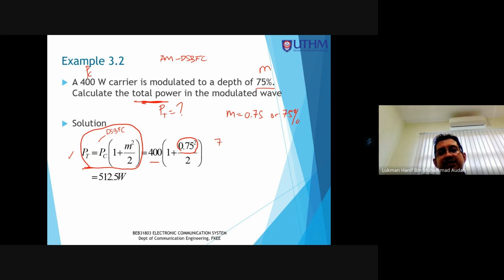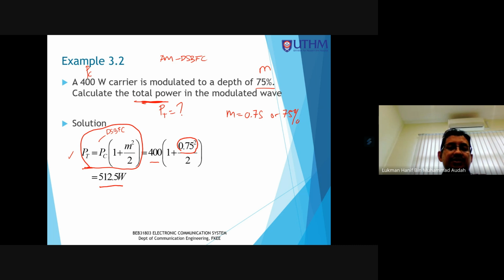Don't put 75 squared, which is wrong. 75 is for the percent, but for the calculation you have to use the absolute number, 0.75. So you get 512.5 watt. This is a straightforward question.